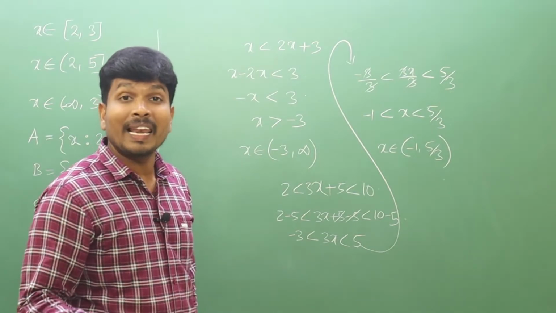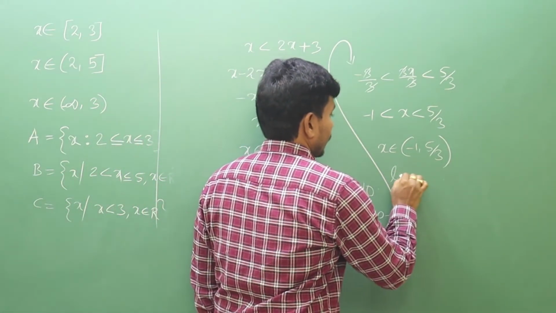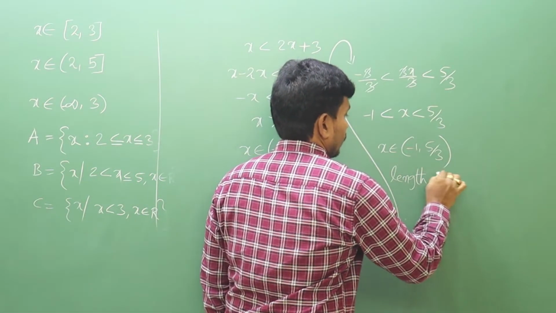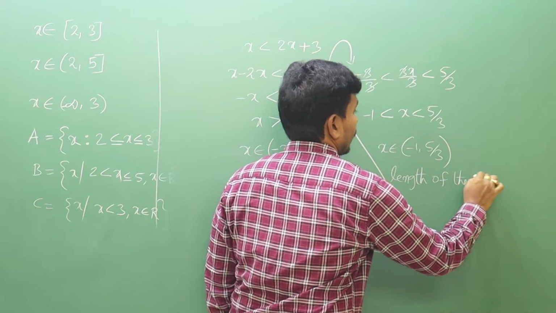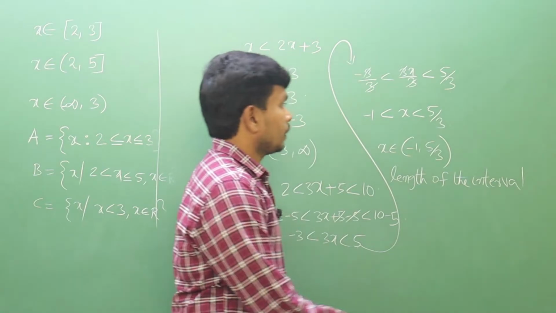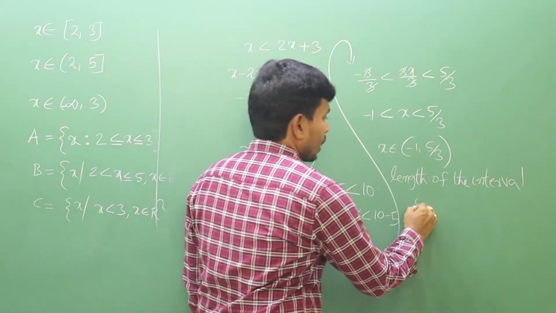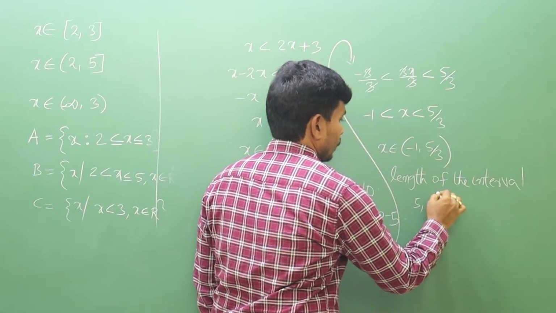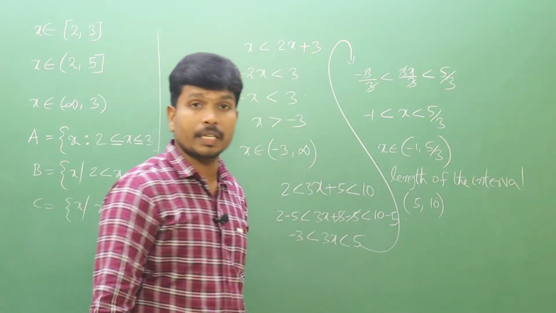What is meant by length of the interval? See, suppose 5 comma 10 I have given as an open interval. What is the length of this interval?